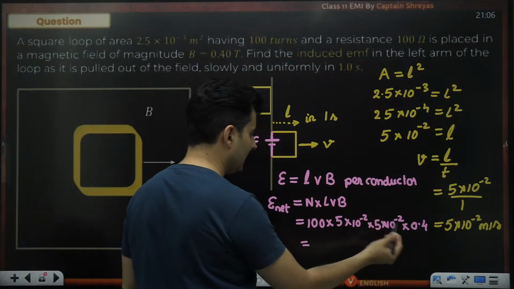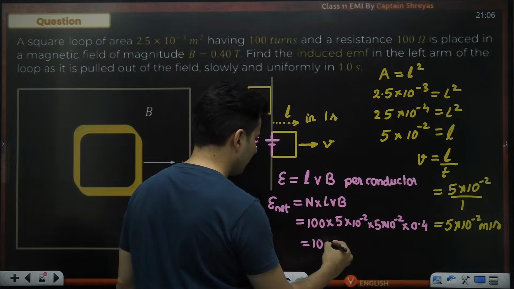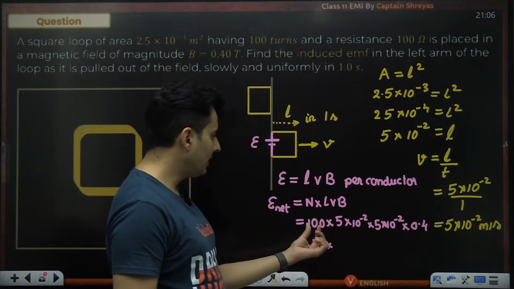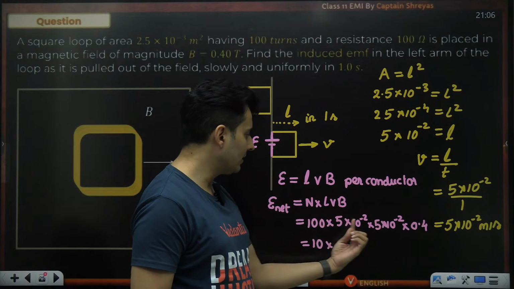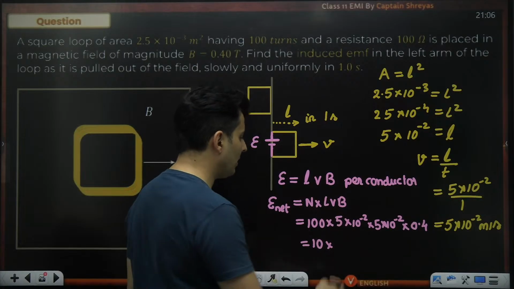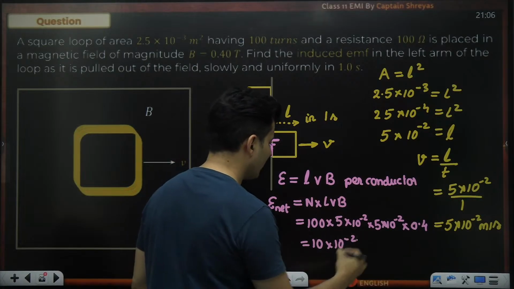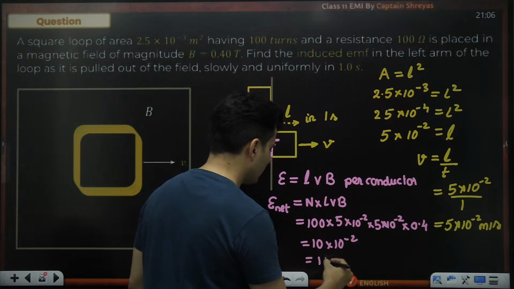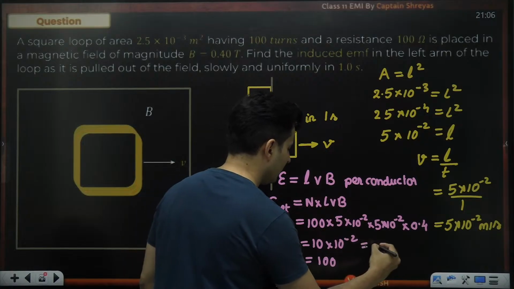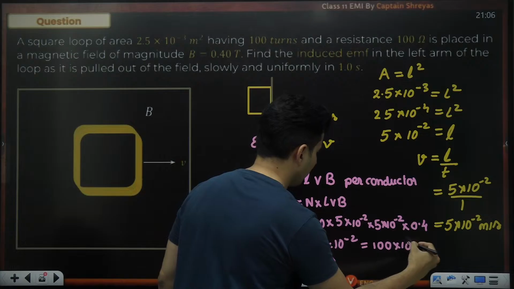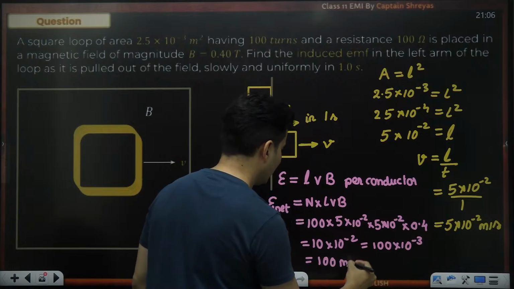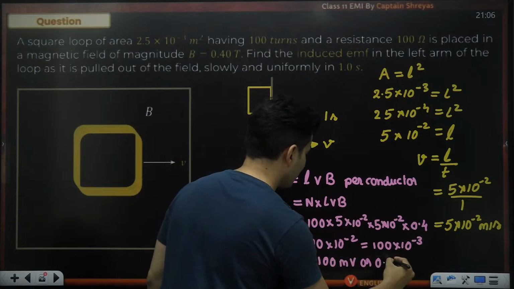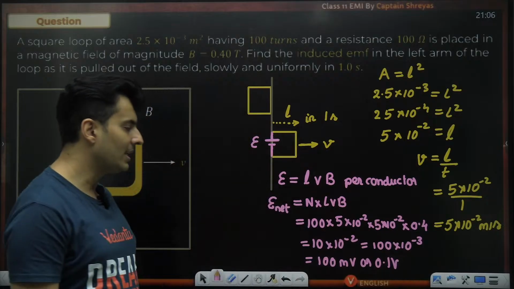But because of the decimal, it will just become 10. Then you have this 100 and 10 to the power minus 2 will cancel out. Only one 10 to the power minus 2 will remain over here. So if you want, I can also write it as 100 into 10 to the power minus 3, which is also 100 millivolt or just 0.1 volts. That will be the answer.